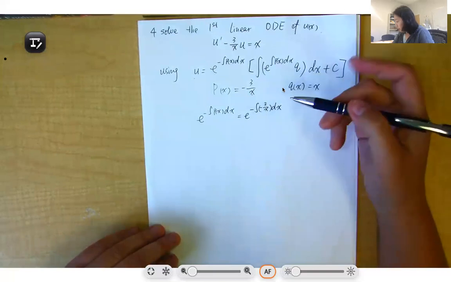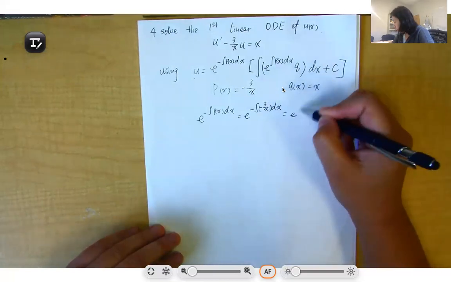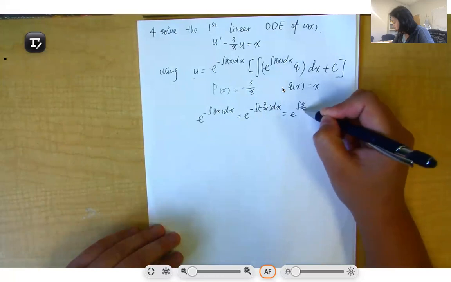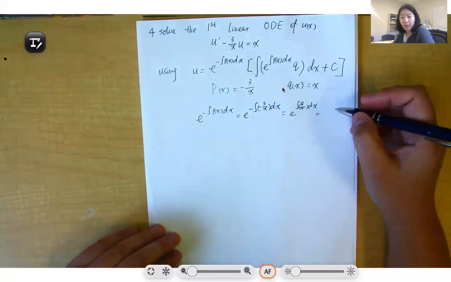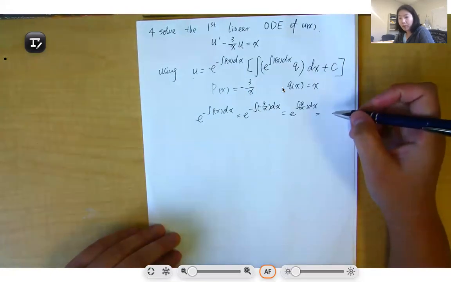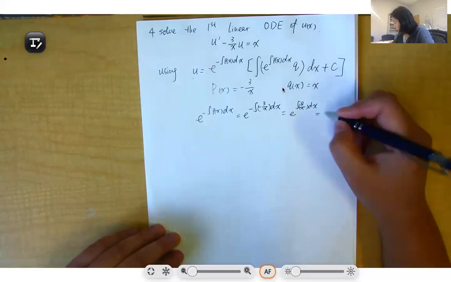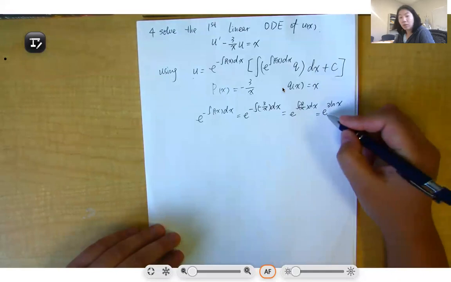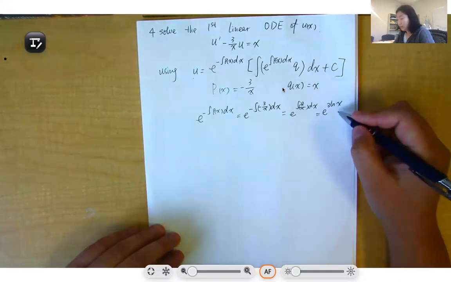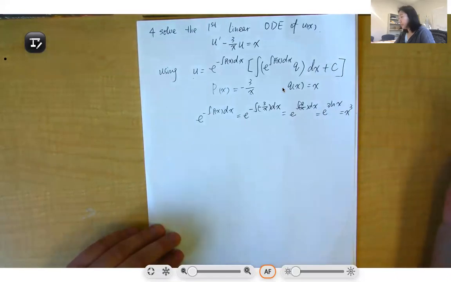And then the minus minus basically cancels out. That is e to the integral of 3 over x dx. And the integral of 3 over x dx is what? That will be 3 ln x, right? So that is e to the 3 ln x. And e to the ln x will be x. So this term will be equal to x cubed.